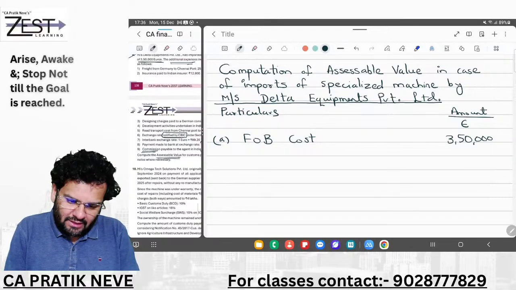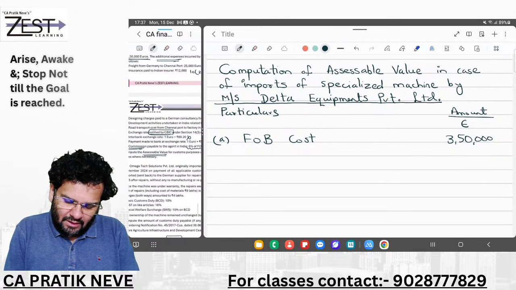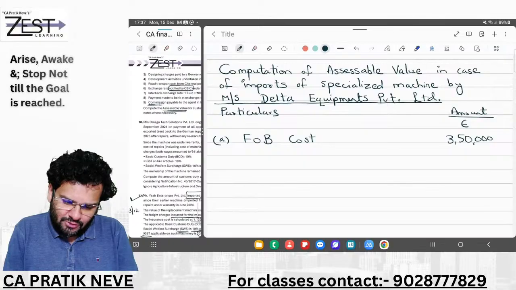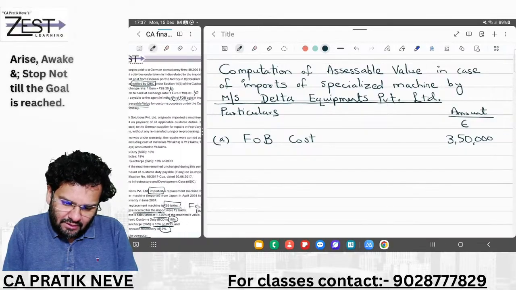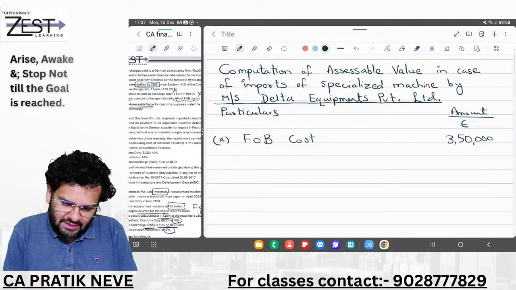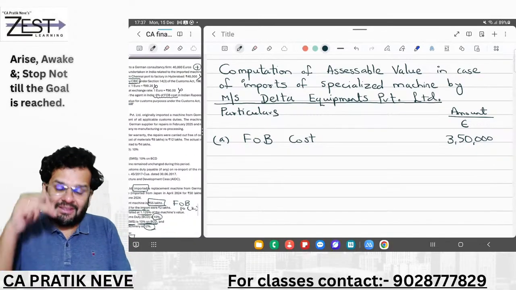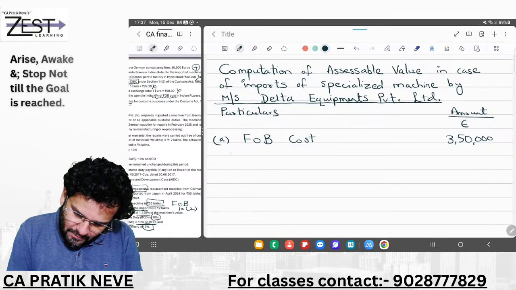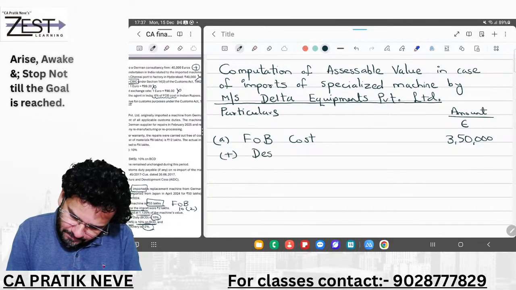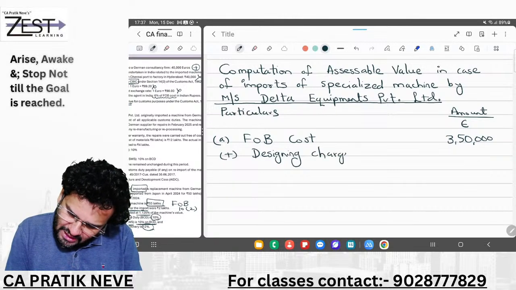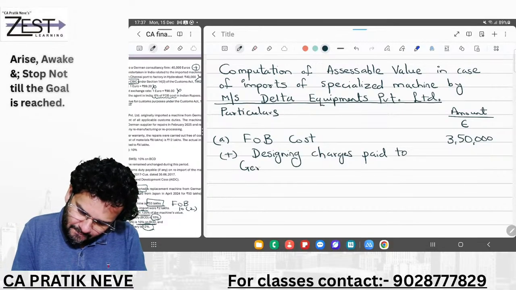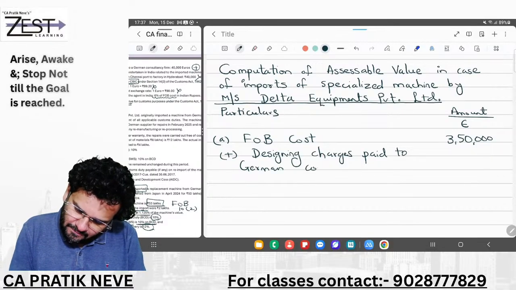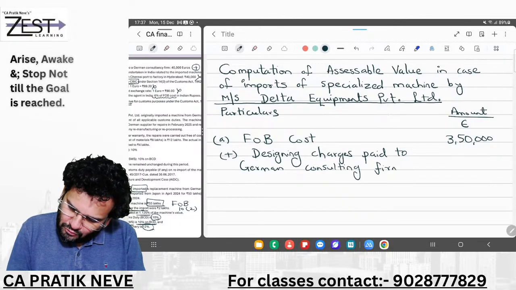VAT you will not take here. Insurance, it is 10(2) adjustment. Designing charges paid to German consultancy firm. So add designing charges paid to German consulting firm.